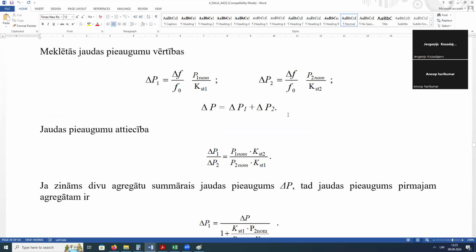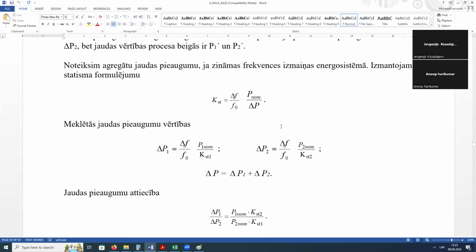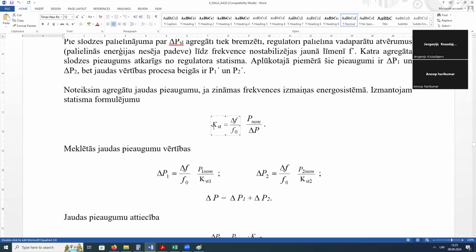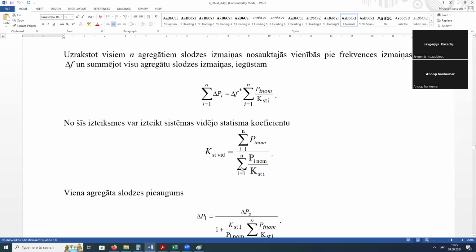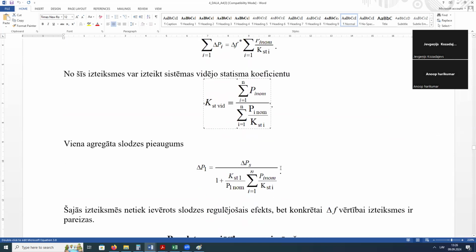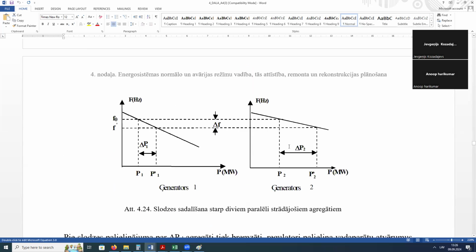here are all the possible ways we could use this formula. If you want to calculate the statism for the united generator, the formula is here. Or if we don't have the deviation but we have only the statism, we could calculate it.